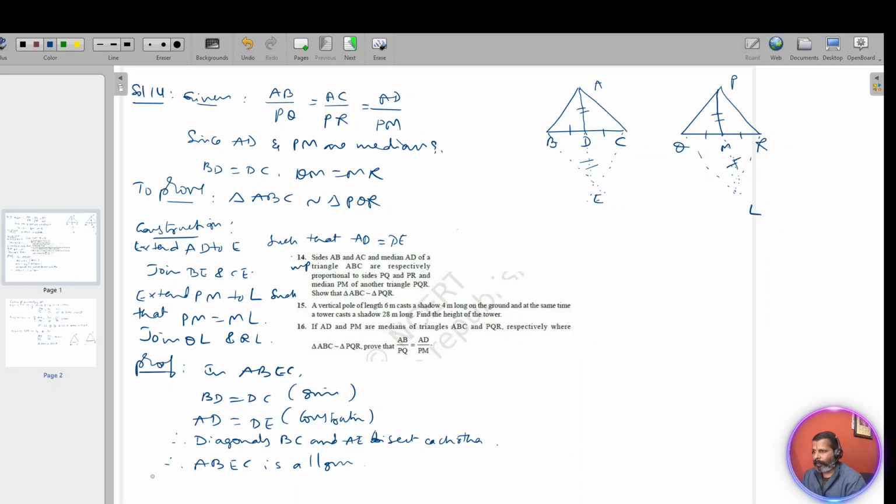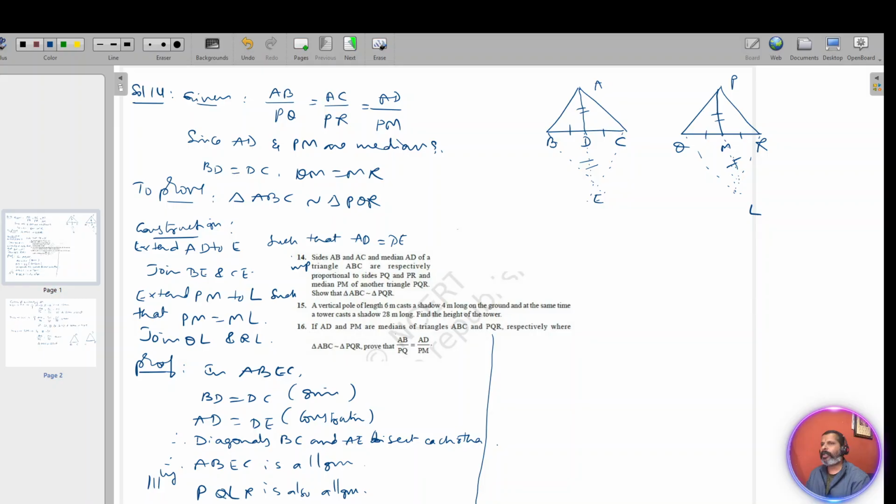Similarly, the other figure, PQLR, is also a parallelogram. Remember, it is a very important concept. We extended it by construction such that figure ABEC becomes a parallelogram and PQLR becomes a parallelogram.